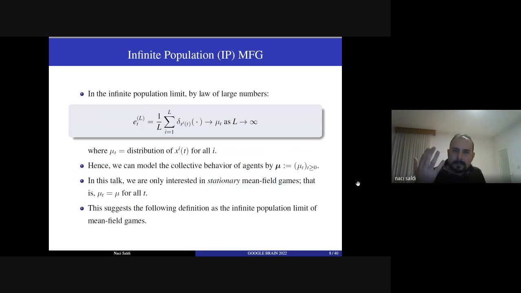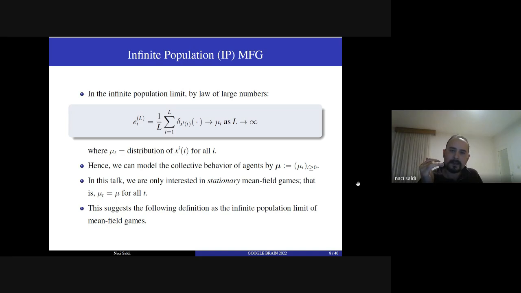So therefore, I will next explain the infinite population formulation of mean field games. And before giving the formulation, let me motivate it. Suppose that each agent in the finite agent setting uses the same policy. If this is the case, then by symmetry, we can show that the mean field term at each time t converges to some deterministic distribution mu t as the number of agents converges to infinity.